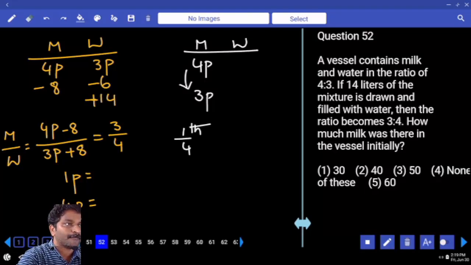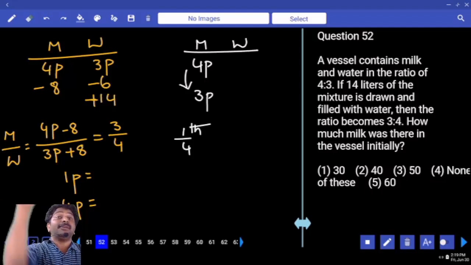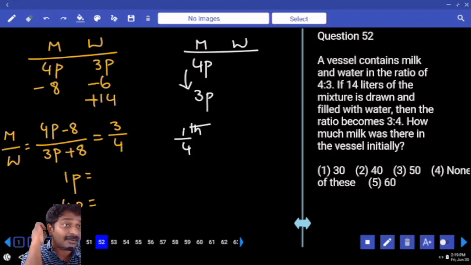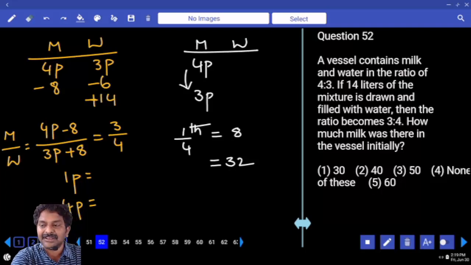When 1/4 is taken out, how much quantity of milk is going out from 14 liters? 8 liters. That means 1/4 quantity is equal to 8. Then total quantity is equal to 32 liters. Milk in the initial container is 32 liters. Answer, none of these.